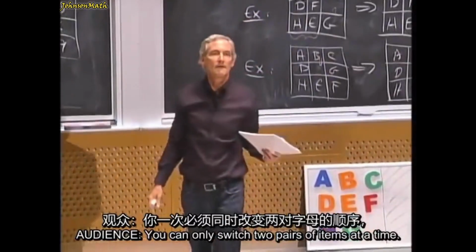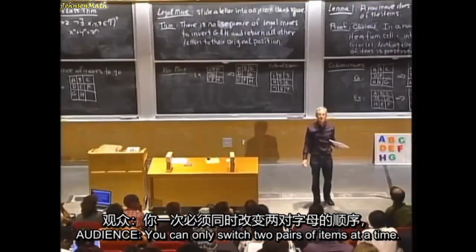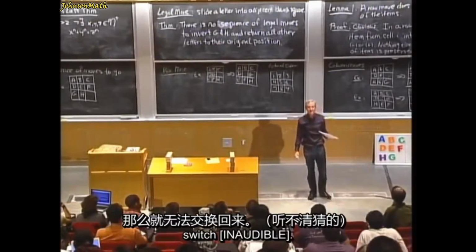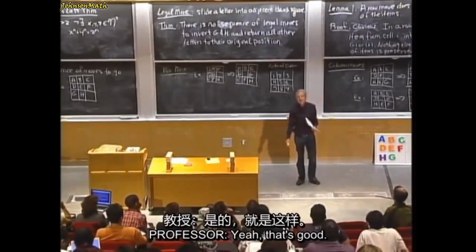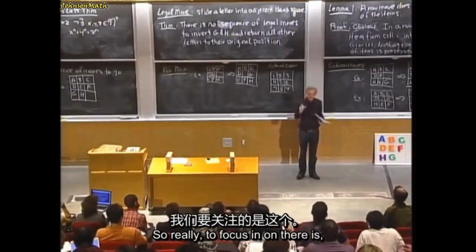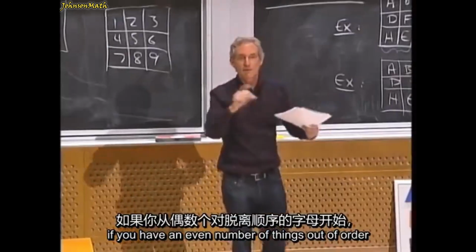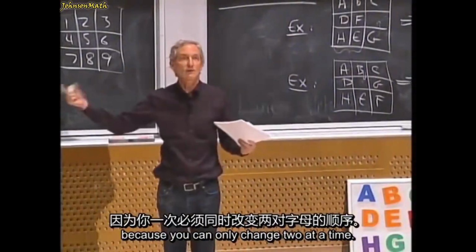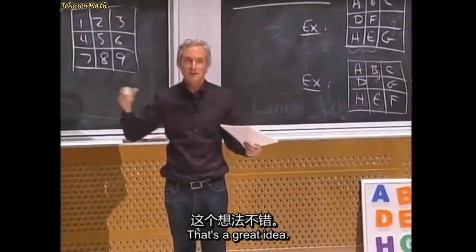You can only switch 2 pairs of items at a time. So if you don't have an even number of things at least, you can't switch from one thing to another. Yeah, that's good. So really to focus in on there is if you have an even number of things out of order to start, you're going to have an even number forever because you can only change 2 at a time. That's a great idea.